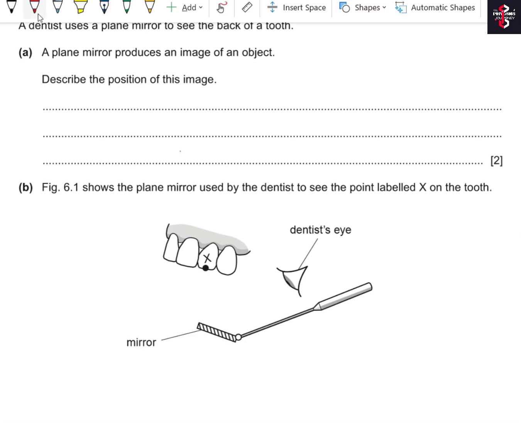So, we know that the image formed by a plane mirror is always behind the mirror.